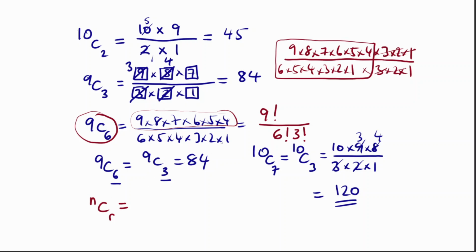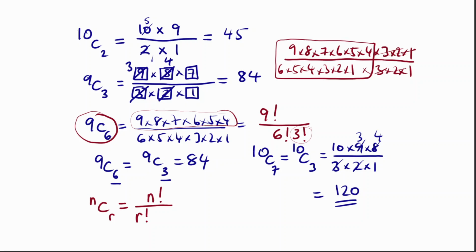So on the top, you can see we're just going to have the factorial of, before it was 9, now it's going to be n. So it'll be n factorial over the number on the bottom, the 6 factorial, so that was the r factorial. But we need to get this 3 factorial thing. And this 3 factorial, if you think about it, was just the 9 take away 6.